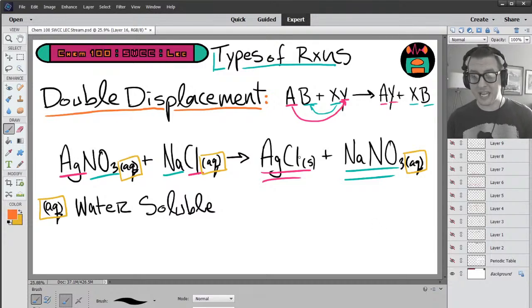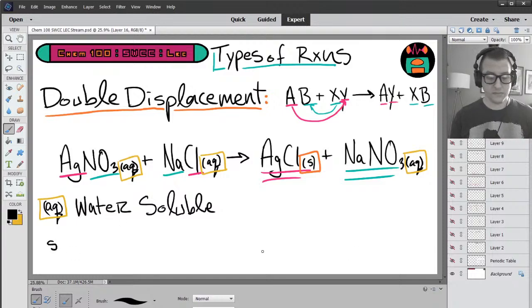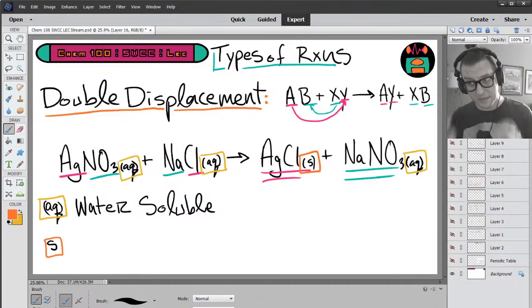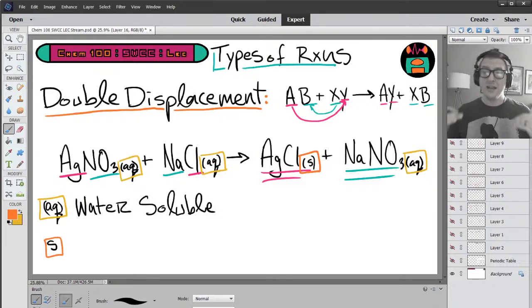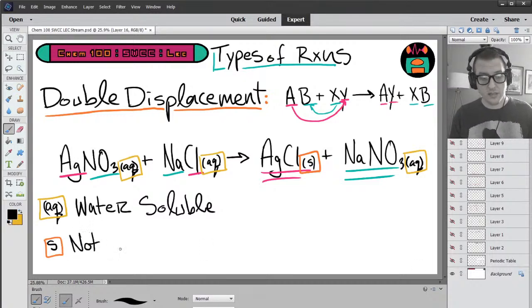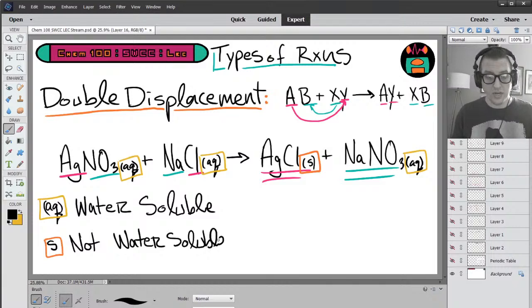When you have something in the solid phase, specifically in the presence of other aqueous compounds, that means it is not water soluble. Water will not dissolve silver chloride, whereas water will dissolve silver nitrate, sodium chloride, and sodium nitrate.